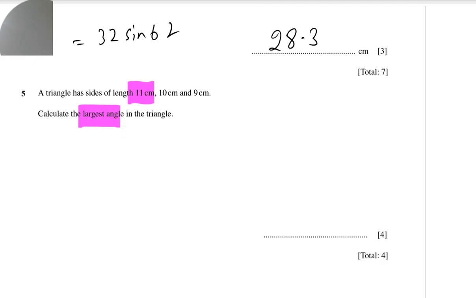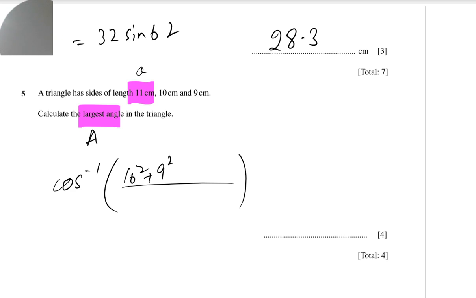In our cosine law, this would be our small a. So it will be cos inverse of B square plus C square minus A square over 2 times 10 into 9.